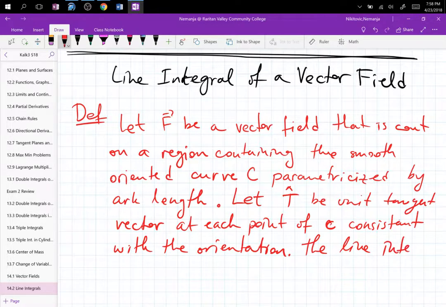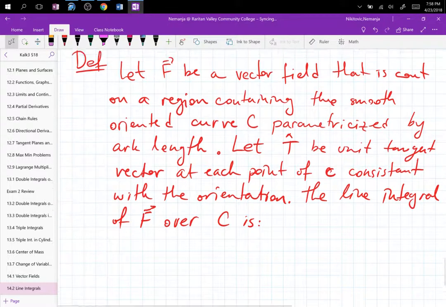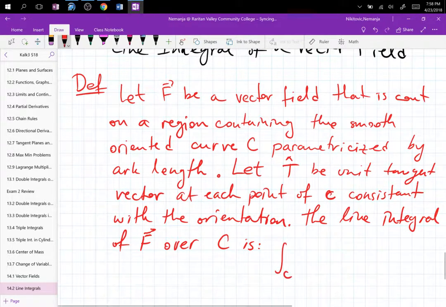The line integral of F over C is the integral over C of F dot T ds.